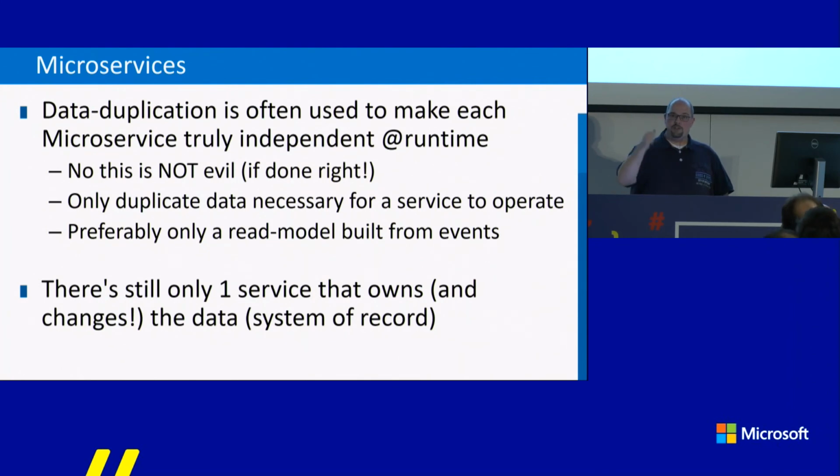But there's always a single truth within the entire architecture, so that's very important. And if you look at, for instance, a pattern like CQRS that has read models and write models, then you often see that a microservice gets a read model with data from other services and uses that data to do its work.